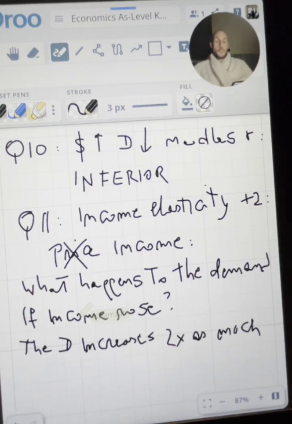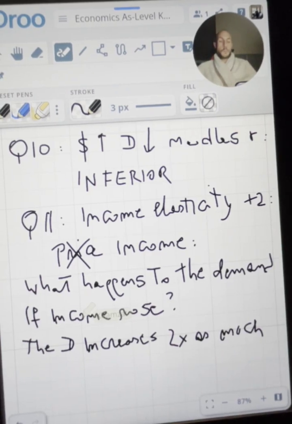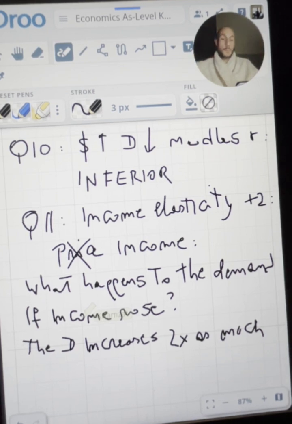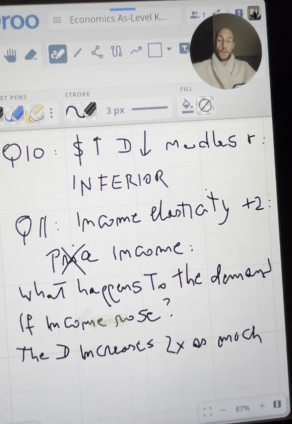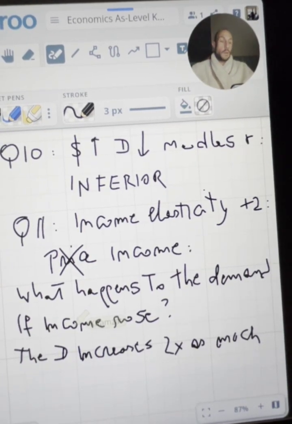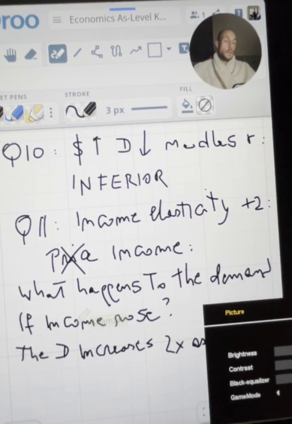If income elasticity is that, it has to be luxury. Yes, you're correct.